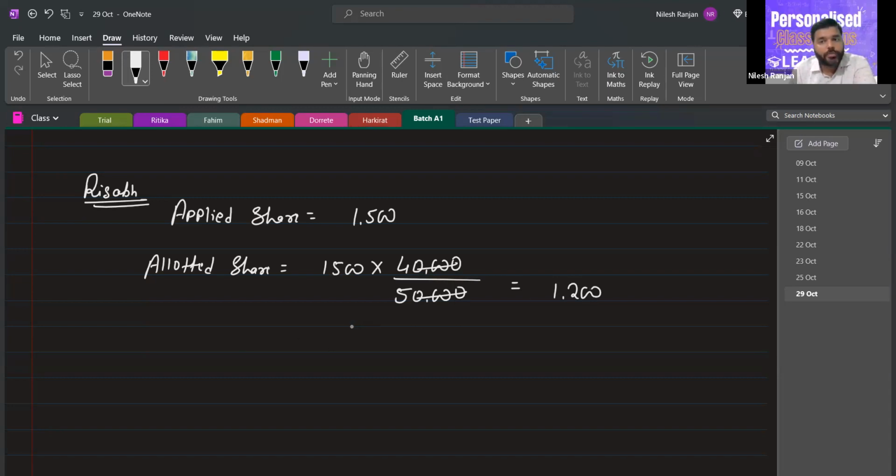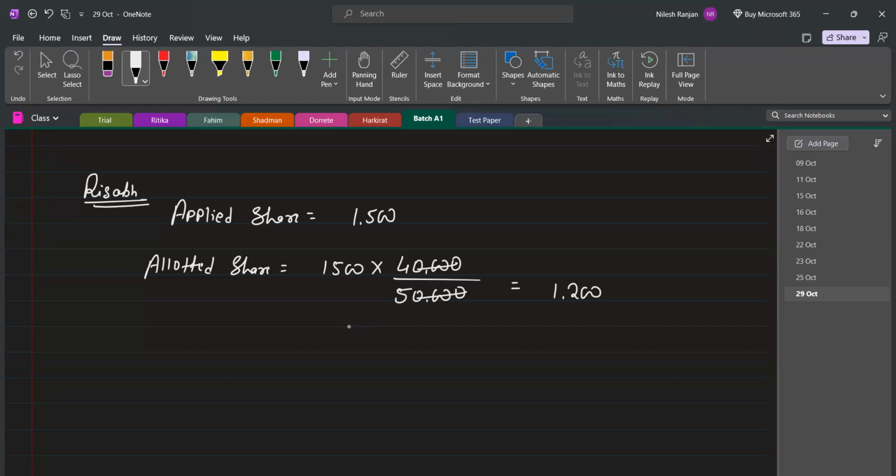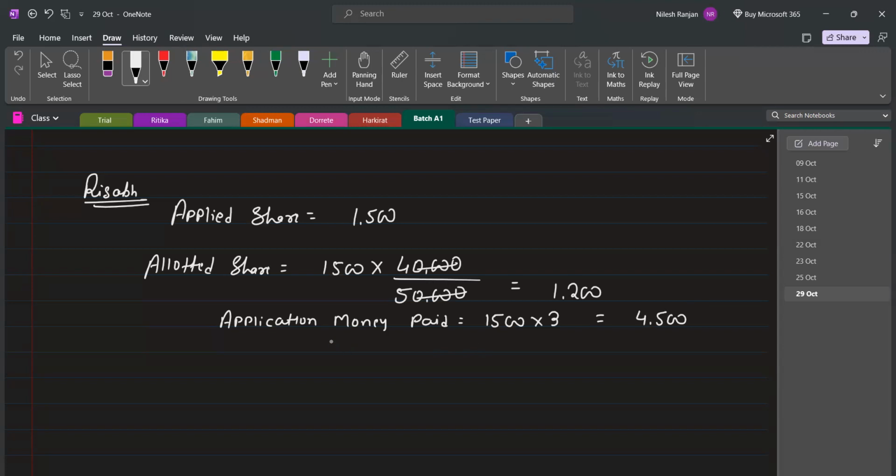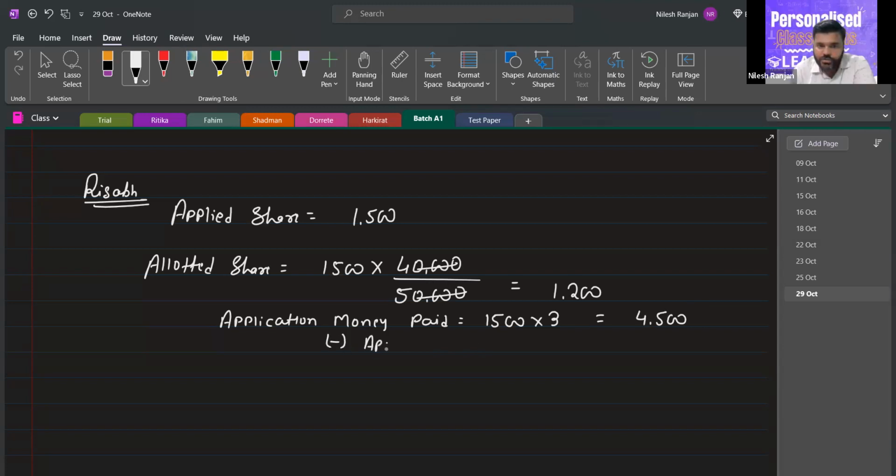Now, Rishabh did not pay the allotment amount. But at the time of application, how much amount has he paid? On 1500 shares, he paid 3 rupee per share, so 4500. And minus application money utilized.